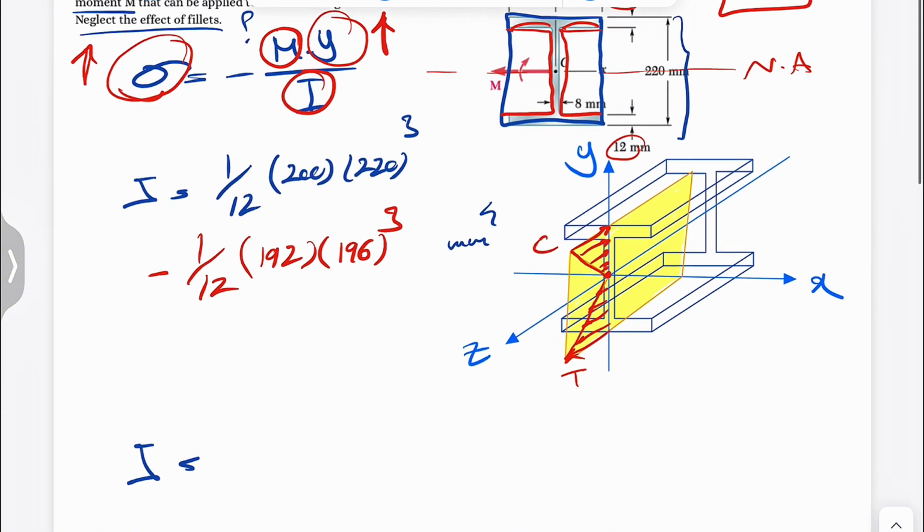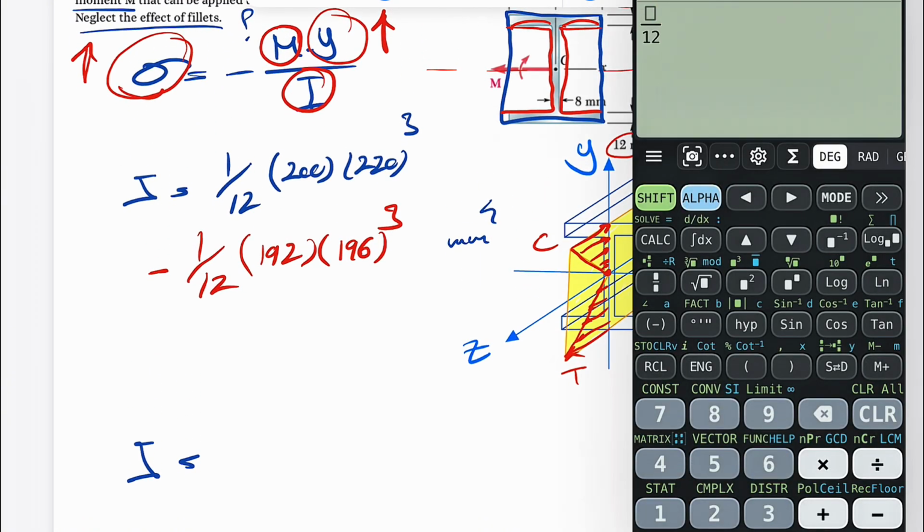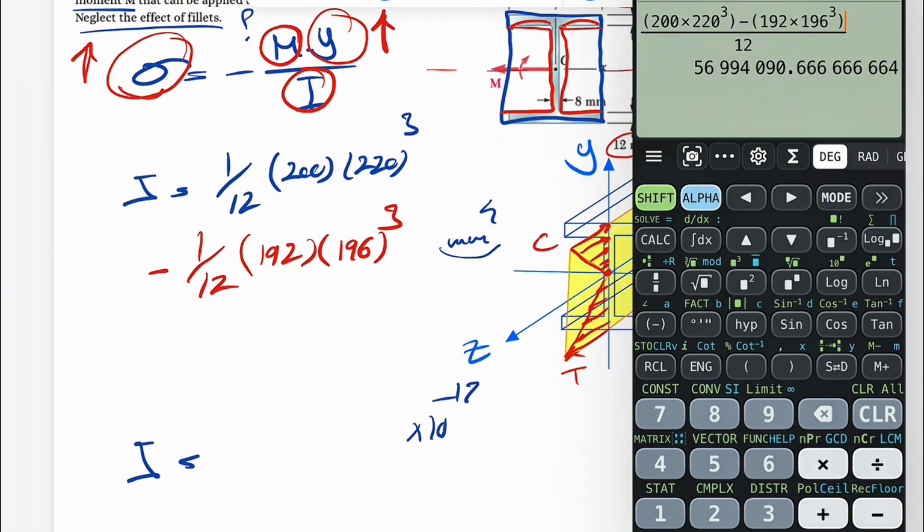Let's just calculate this. I'm going to factor out the 12, and then the numerator, basically we have 200 times 220 to the power of 3 minus 192 times 196 to the power of 3. So it's going to be 56 million millimeter to the 4, but if you want to convert this, we know this is going to be 10 to the minus 12.